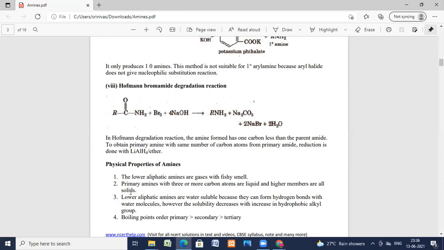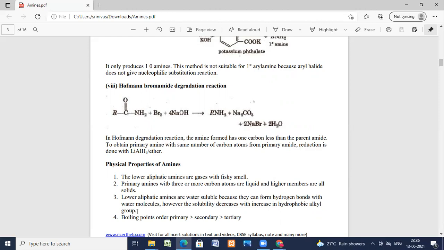Lower aliphatic amines are water soluble because they can form hydrogen bonds with water molecules. However, the solubility decreases with increase in hydrophobic alkyl group.